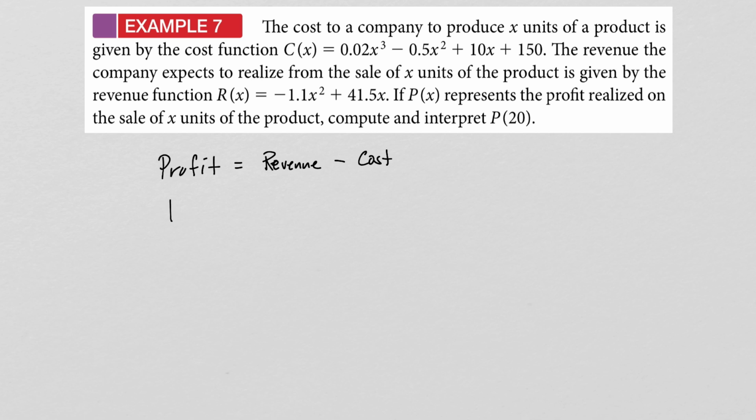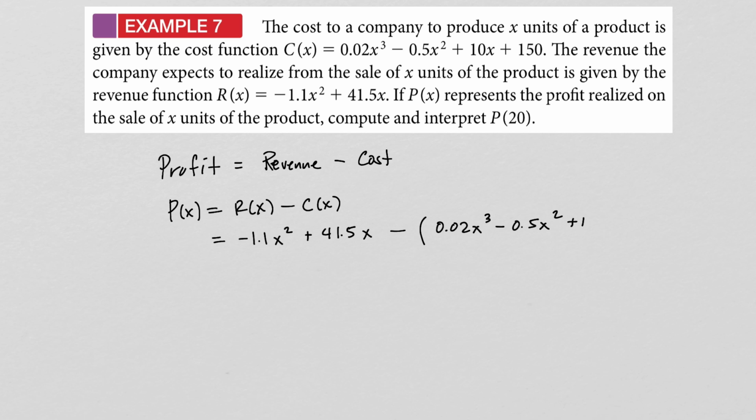So the profit function P of X is going to be R of X minus C of X. And R of X is negative 1.1 x squared plus 41.5 times x minus the quantity C of X, which is 0.02 x cubed minus 0.5 x squared plus 10x plus 150.